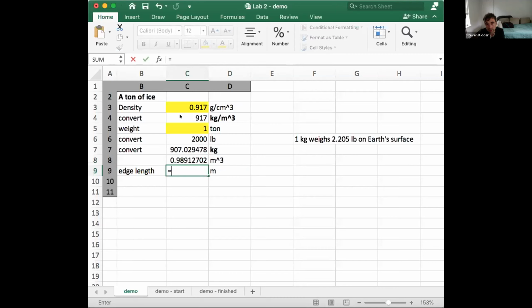So take this cell, and take the cube root, so raise it to the 1/3 power. As you might have guessed, it's about 1 meter on each side. And then if we wanted to convert that into feet, maybe remembering that there's 3.28 feet per meter, we would say, okay, take this times 3.28.